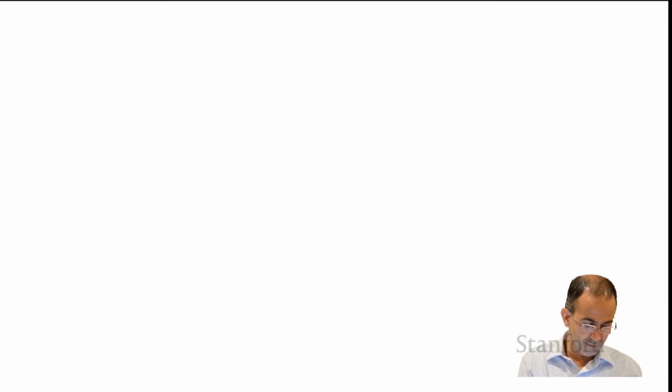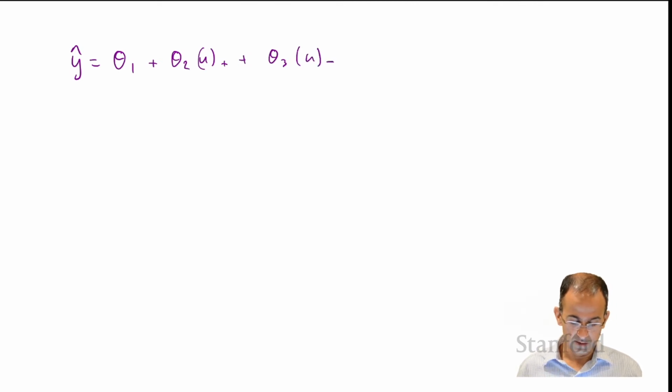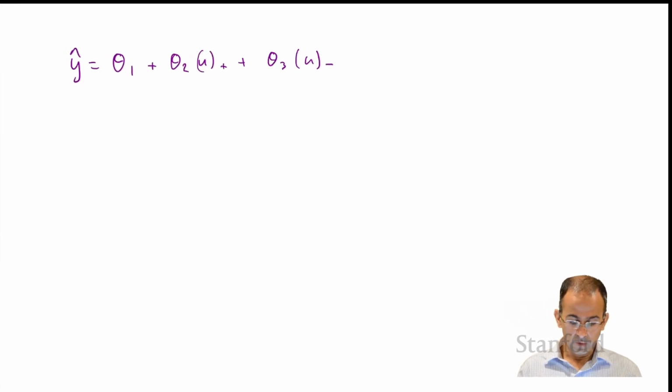So I'm going to have y hat, which is going to be theta 1 plus theta 2 of u plus plus theta 3 of u minus. And so this is a constant. This is a linear function of u on the positive part of when u is greater than 0, and it's a constant when u is negative. And this is a linear function of u for when u is negative, and it's a constant when u is positive.